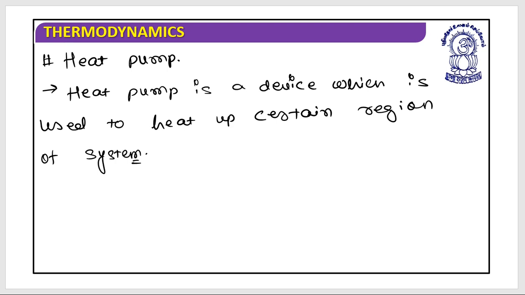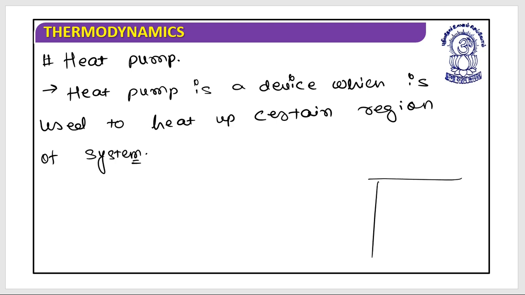You will find that people install room heaters, even bed heaters. These are all heat pumps. Its task is as simple as that: it is going to heat up a certain region of the system.